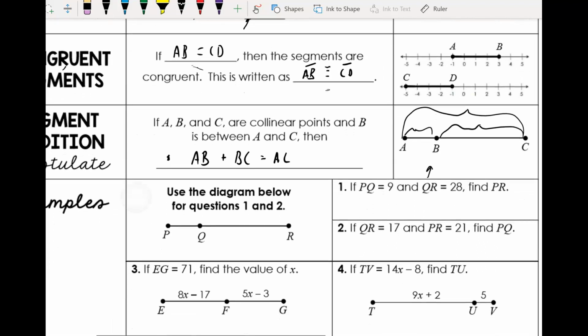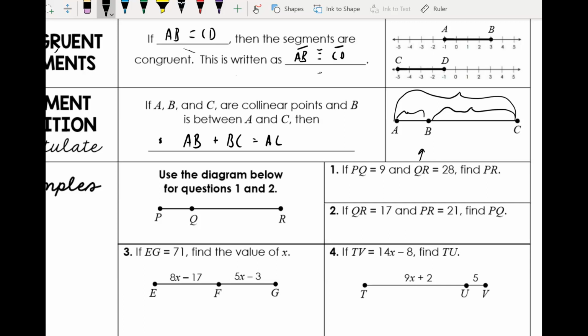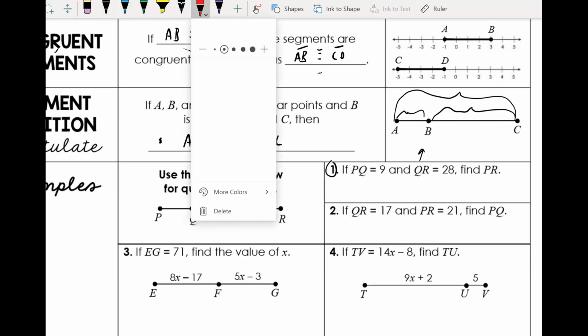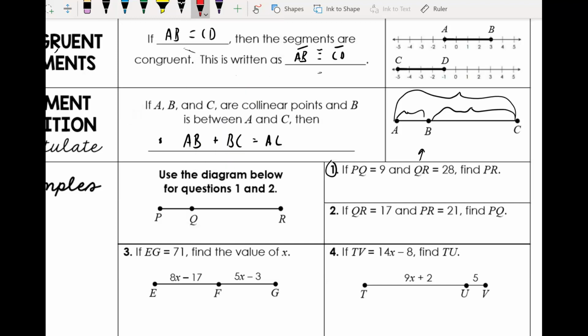Okay, so let's look at an example. Use the diagram for questions 1 and 2. Let's look at question 1 first, and I'm going to label question 1 on top in red. I'm just going to label what I see, and what I want you to do is try to get used to labeling diagrams. PQ is 9, so I'm going to put a 9 for that segment PQ. QR is 28, so I'm going to put 28 for that segment right there.